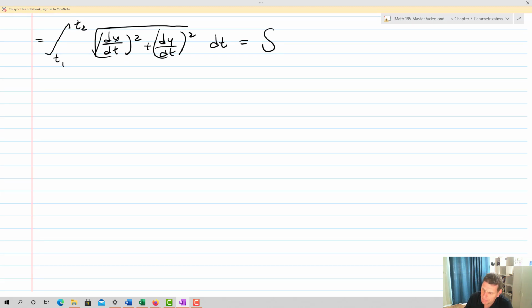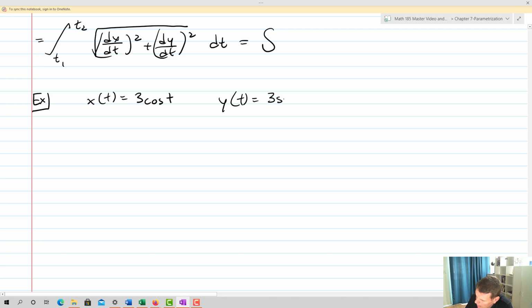Let's take the example: x of t equals 3 cosine t, y of t equals 3 sine t, and we'll go from 0 less than or equal to t less than or equal to pi.